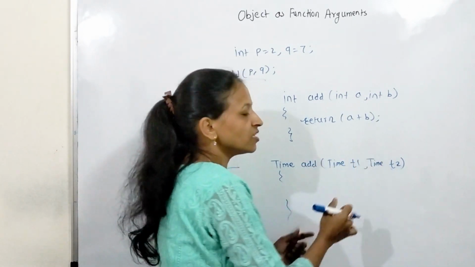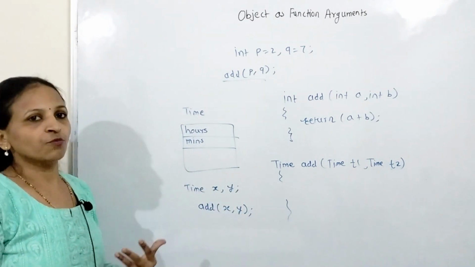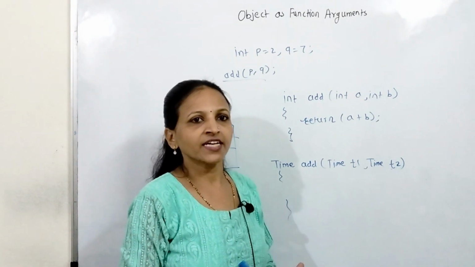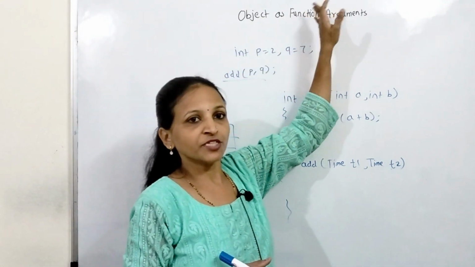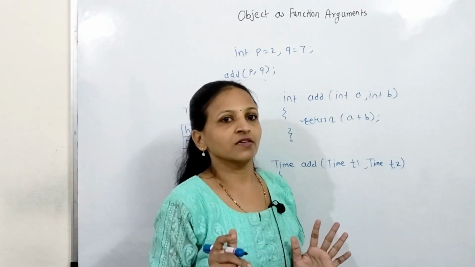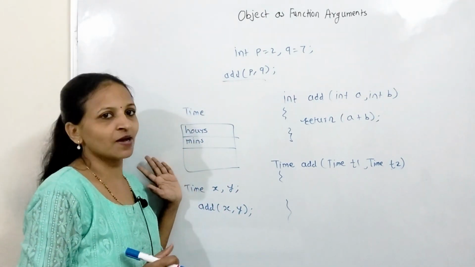Whatever addition is returned, we will store inside another time variable. Then call by reference is not needed; here only call by value is okay. How we can pass an object as a function argument using the call by value technique, we will discuss with the help of one example.